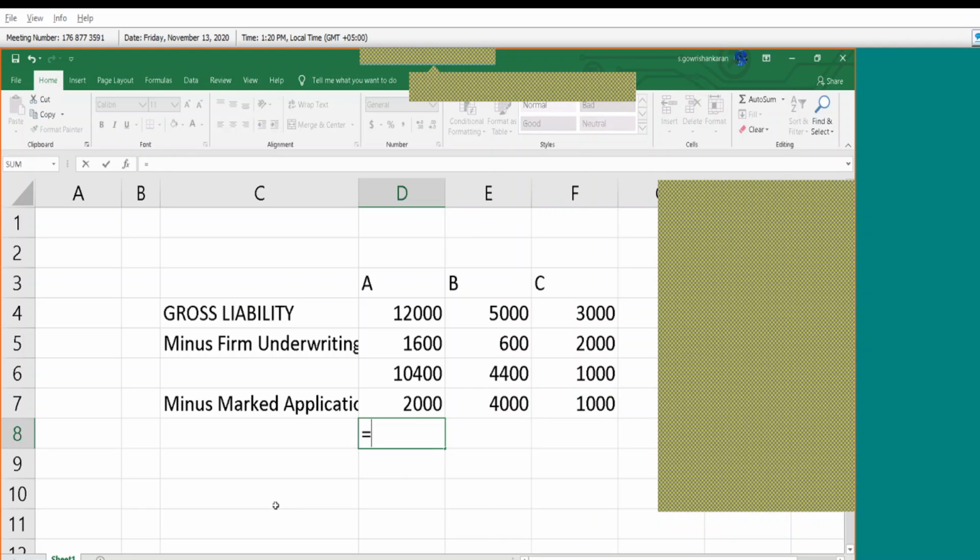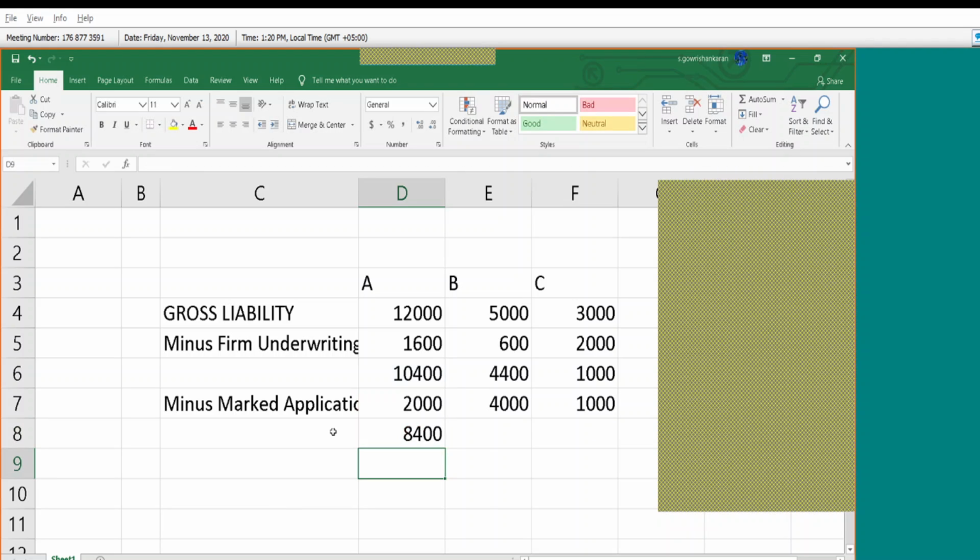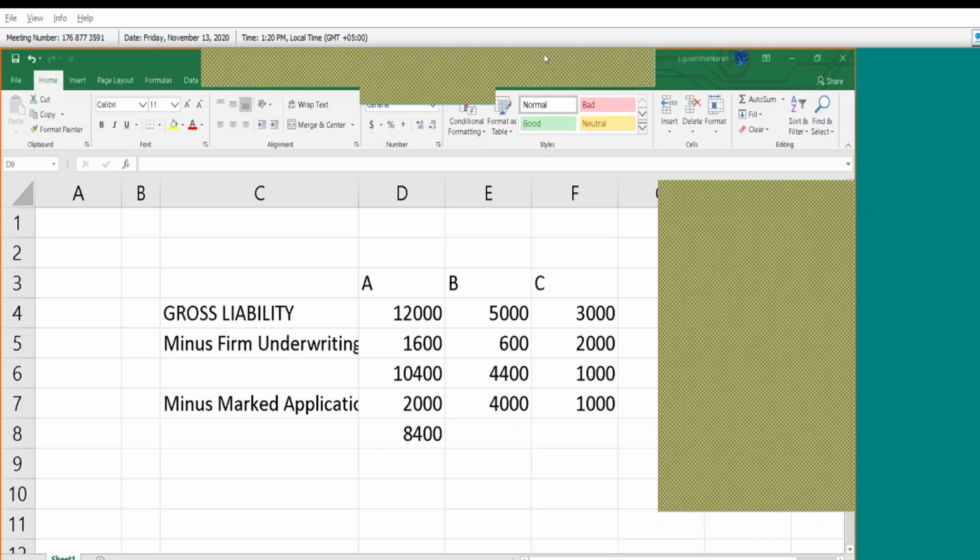So this minus this. After deducting marked application, C is getting 0.